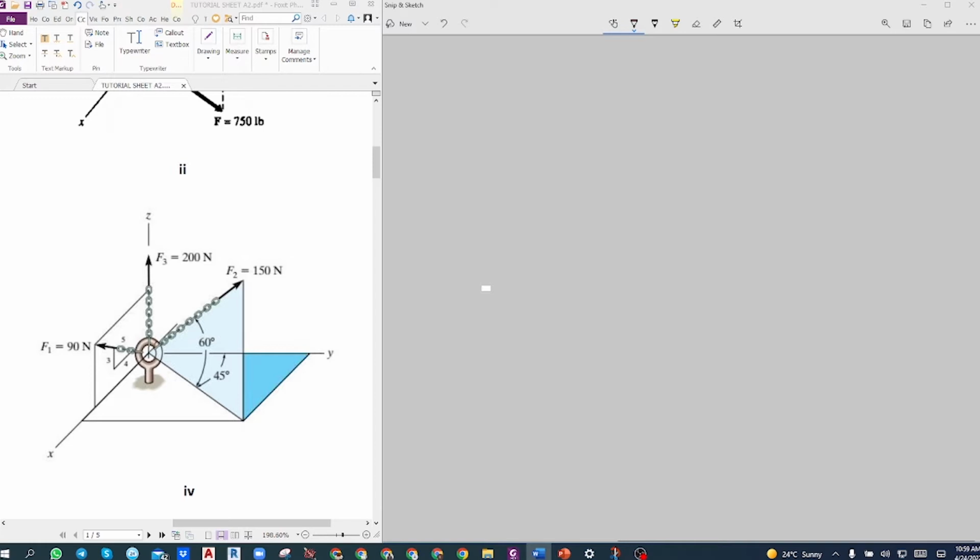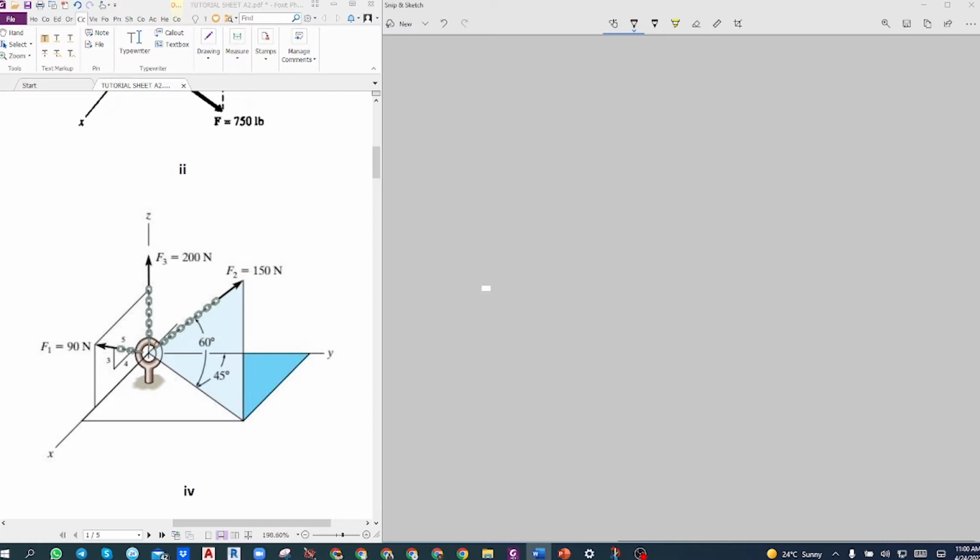So you resolve each and every force in its component, and then you are going to add the Fx, the Fy's, and the Fz together. Okay? So let's just do that.